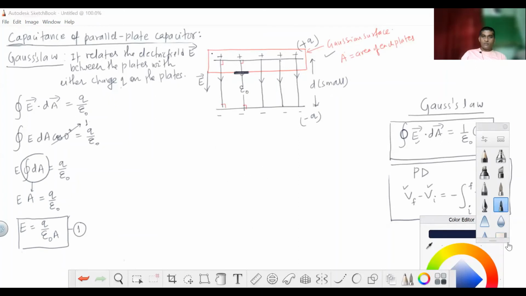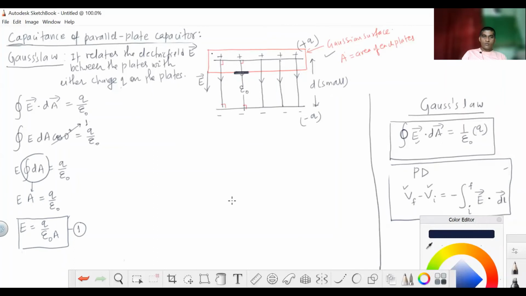Now, let us use the concept of potential difference. So let me redraw this figure again. The upper plate contains positive charge and the lower plate contains an equal amount of negative charge.